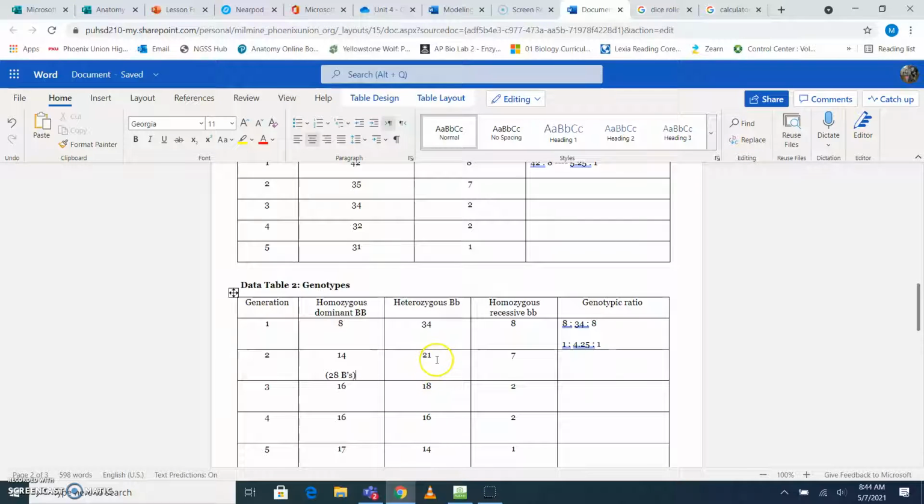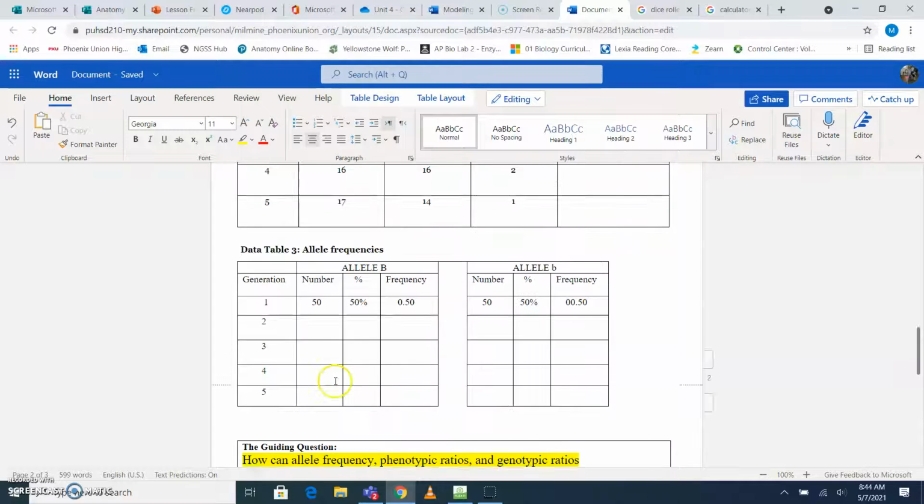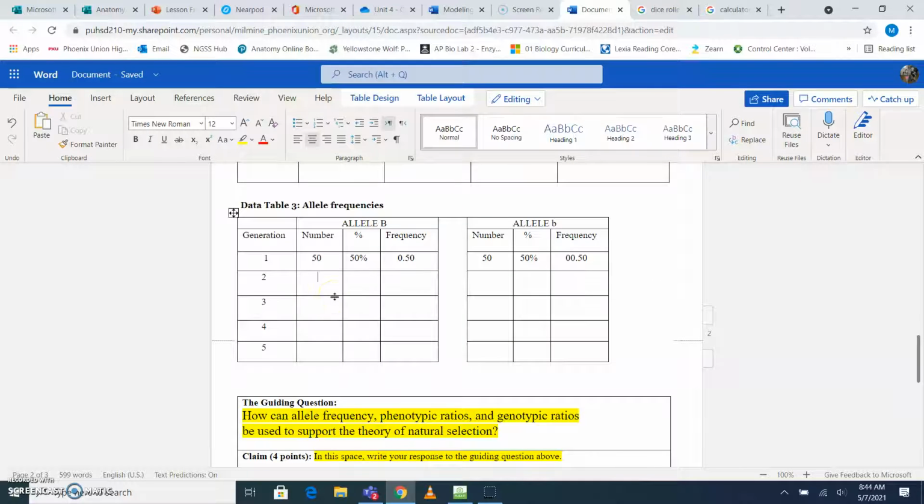The heterozygous mice also have 1 big B. So let's see here. That would be 28. Oh, no, I'm sorry. That would be 21. So now I can find out how many total dominant Bs were in this generation. 28 plus these 21 would give me 49. So I would record that number here, 49.